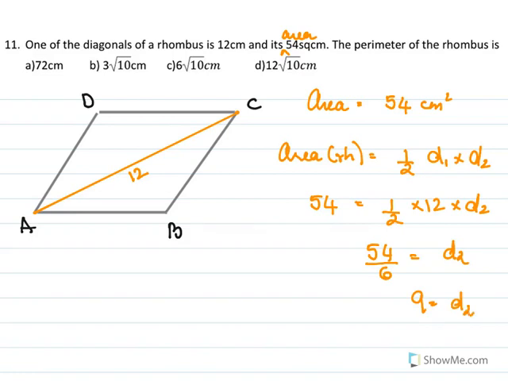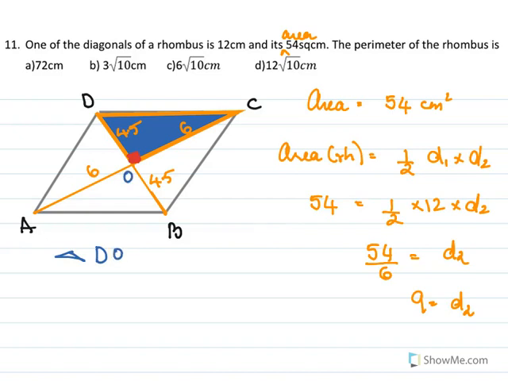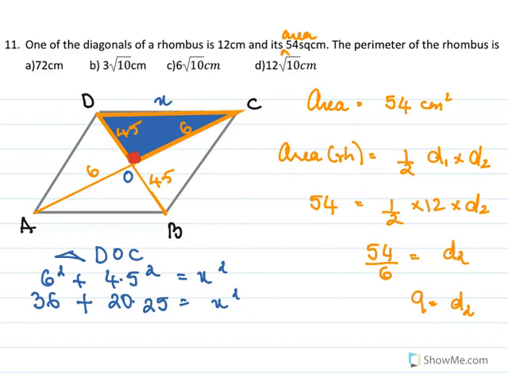So we'll draw diagonal 2. This is diagonal 2 and it is 9, which means this is 4.5. This is 4.5 and the earlier is 6 and 6. We know this is 90 degrees, so we use Pythagoras theorem here. So using Pythagoras theorem in triangle DOC, this is OC, say this is x, we have 6 squared plus 4.5 squared equals x squared. So we have 36 plus 20.25 equal to x squared.